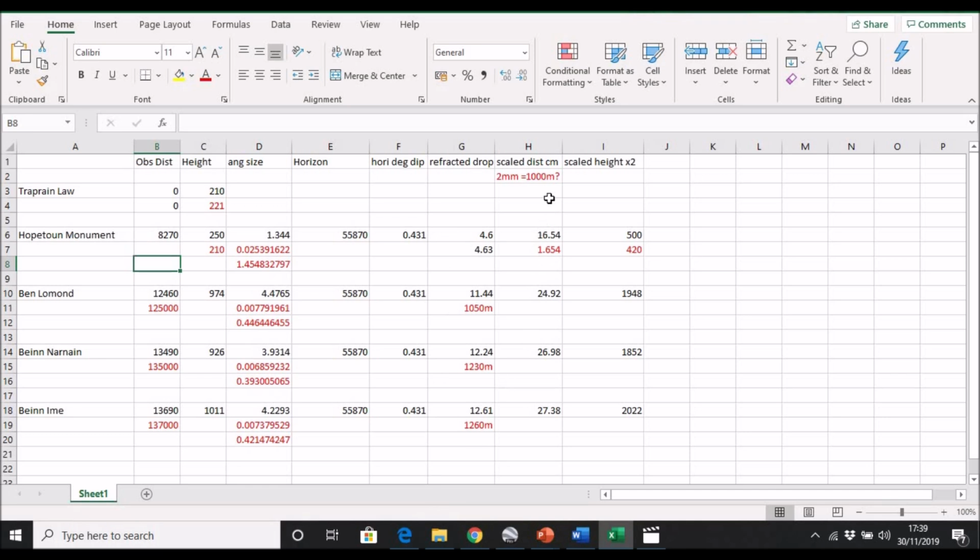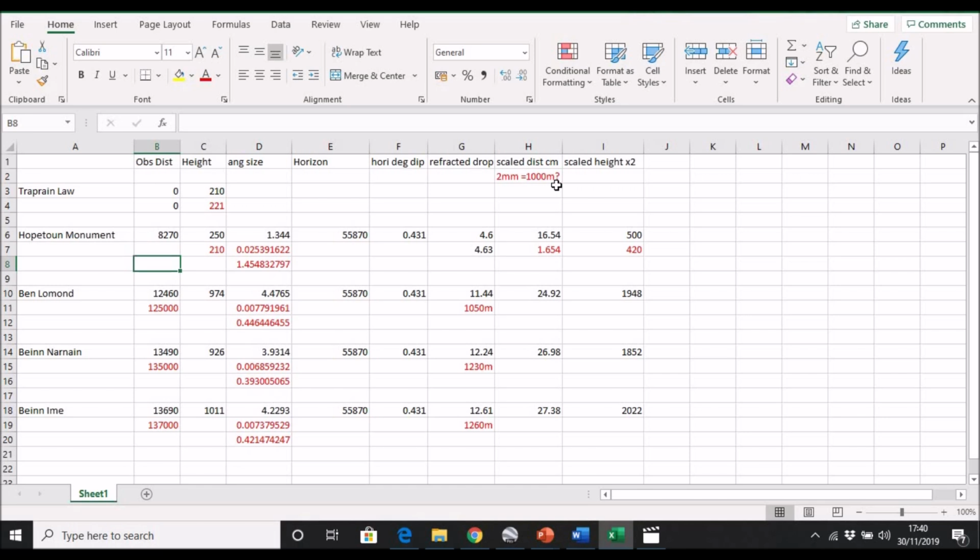I'll ignore the next three columns for the moment, and have a little look at the last two. This one, which is entitled Scaled Distance Centimeters. Now, I've made an assumption here that he is referring to the scale mentioned on his diagram of 2 millimeters equaling 1,000 meters. I've put a question mark there just in case I've got that wrong.